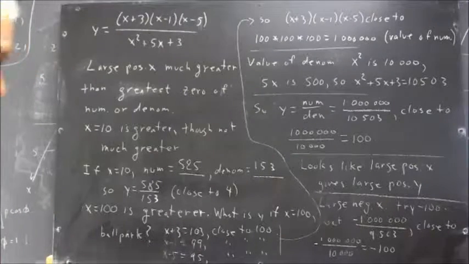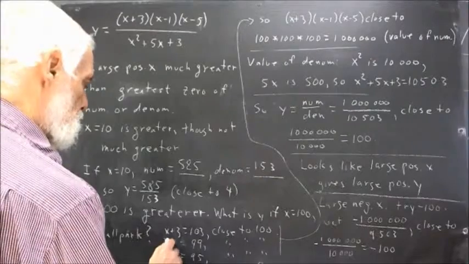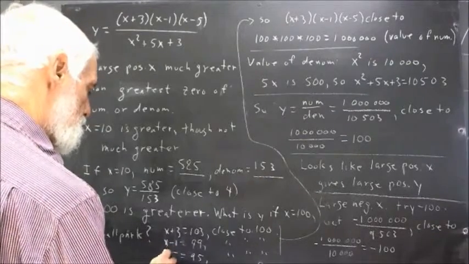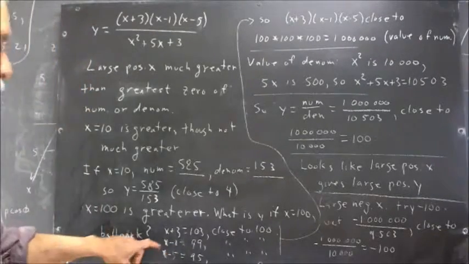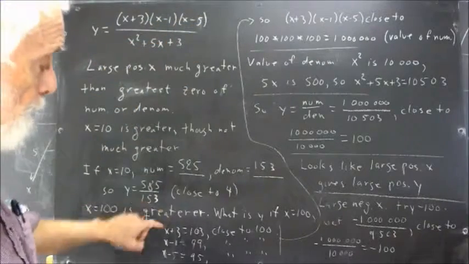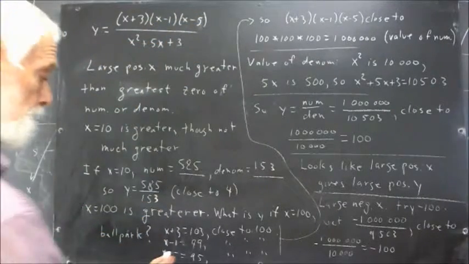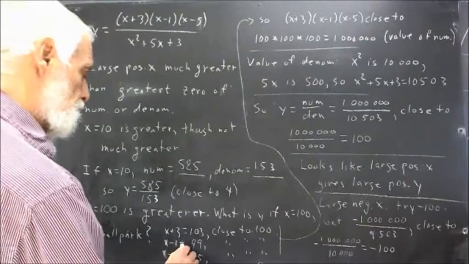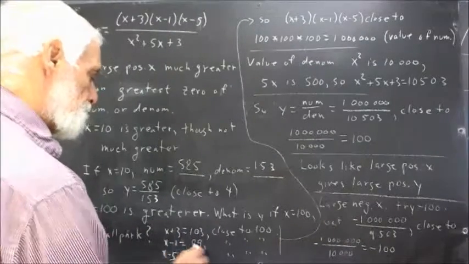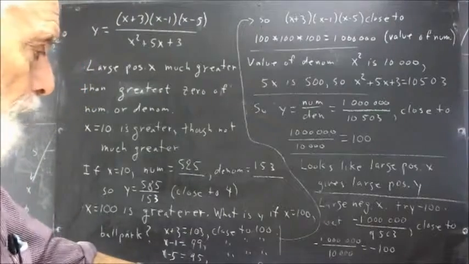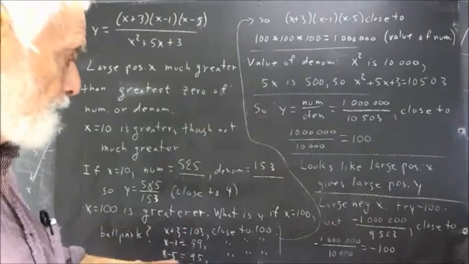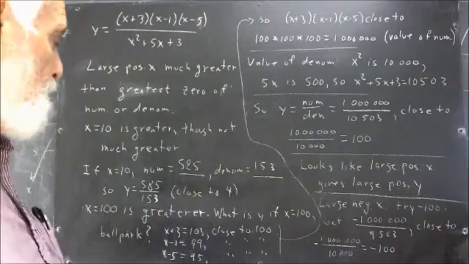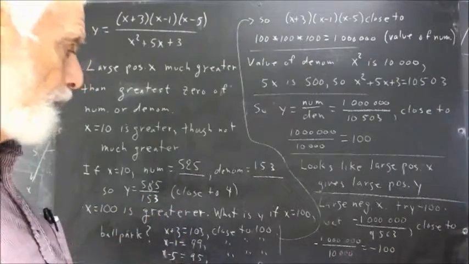So first of all, the numerator consists of factors x plus 3, x minus 1, x minus 5, and x minus 3. With x equal to 100, these are 103, 99, 95, and every one of these numbers is close to 100. None of them differ from 100 by more than about 5%.